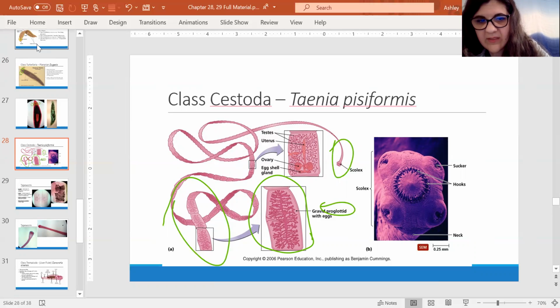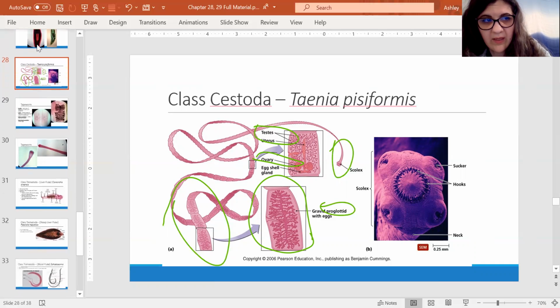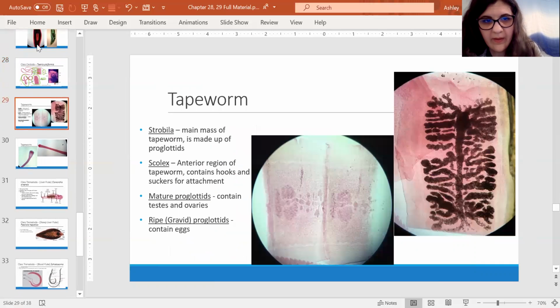Whereas here you have distinct regions for ovary and testes that make the gametes. And so that's shown here, that the mature proglottid is usually not as dark in appearance. Everything looks more one color.